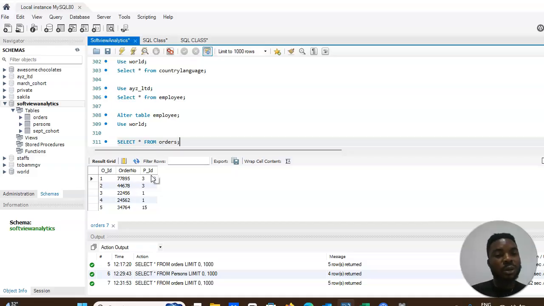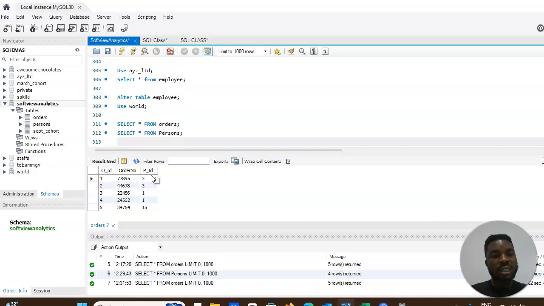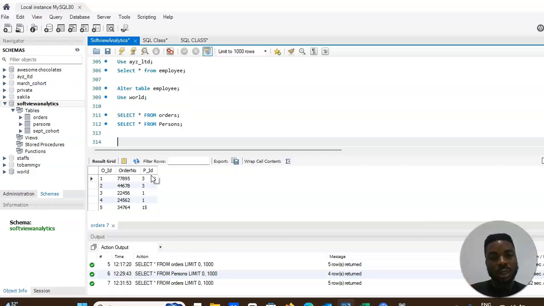Now I want to select all the columns that I have, all the columns in the two tables. I want to call them out as one, right? The query goes thus. I'm going to say select all from, right?